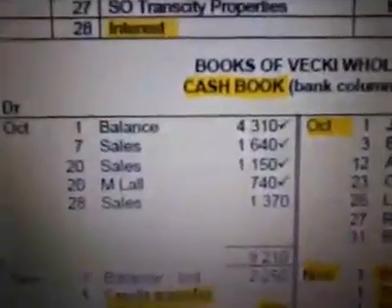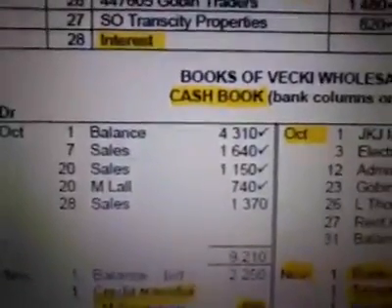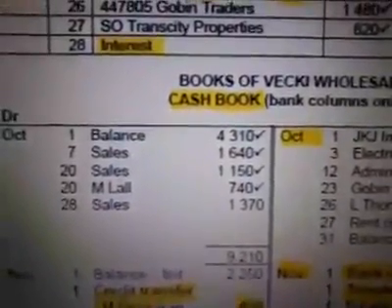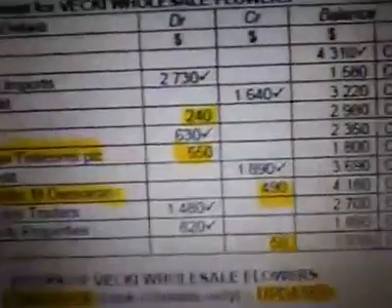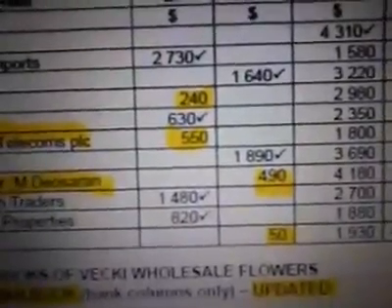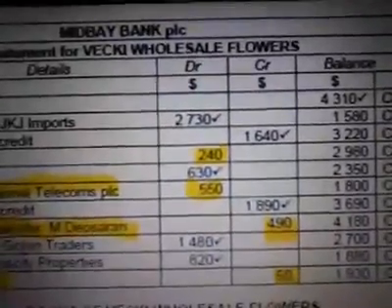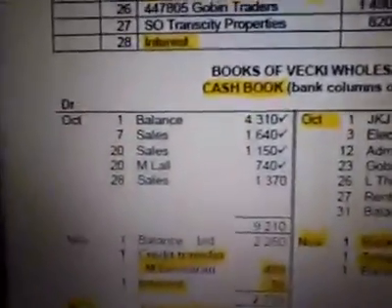Let's look, on the same date one is sales and another is MLAL. If we calculate those amounts, 1,150 and 740, that would be 1,890 in the cash book account. So that's why on both sides a tick has been given.